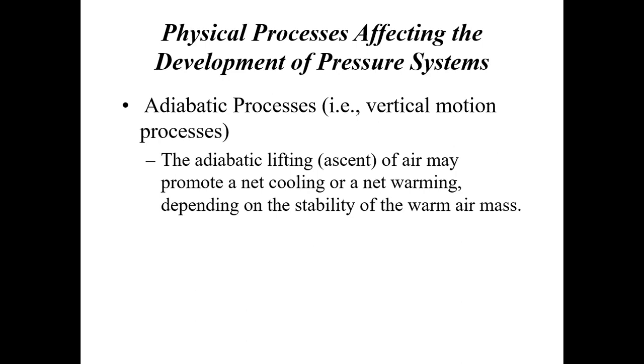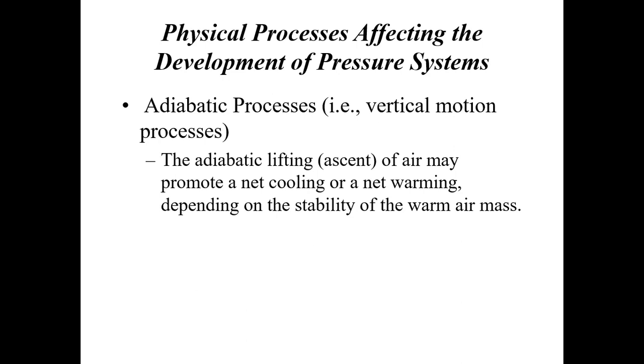The surface lows and surface highs are linked up with the mid-level shortwave troughs and ridges, positive and negative vorticity advections, and then even the jet stream if you have a jet max up at 30,000 feet, 300 millibars. So you have to look in a three-dimensional aspect of the atmosphere. It's all connected.